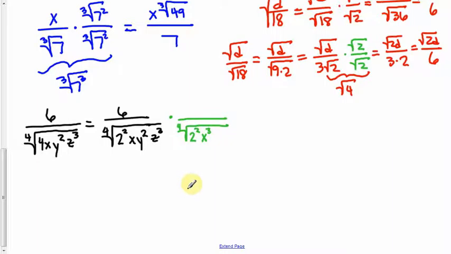Because 1 plus 3 makes 4, and 4 is divisible by 4, right? I have 2 y's. How many more y's do I need? 2 more to make a total of 4. And then I have z to the 3rd, so I only need 1 z to make a total of 4. Now I'm going to show all these steps very carefully.